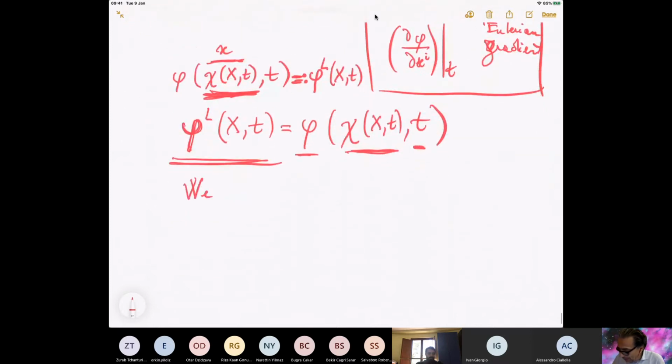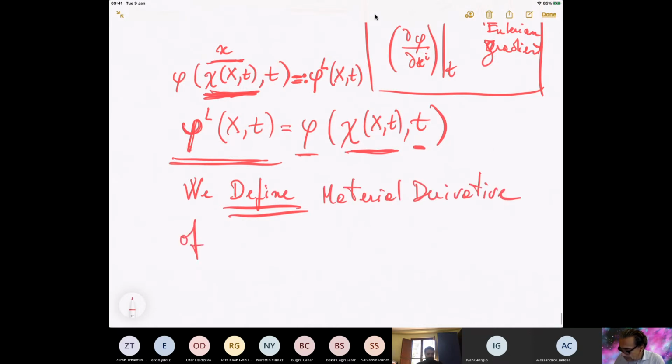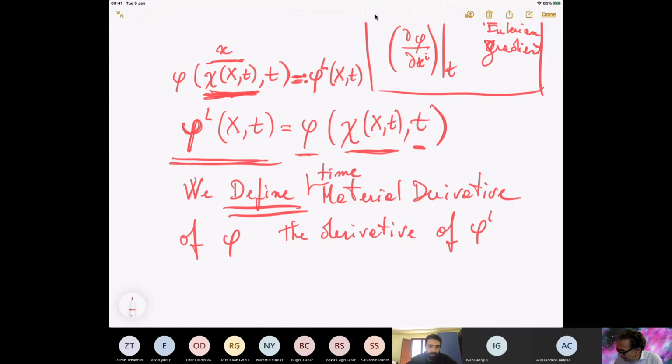So we define the material derivative of phi, the time material derivative, the derivative of phi L with respect to time, the partial derivative with respect to time.